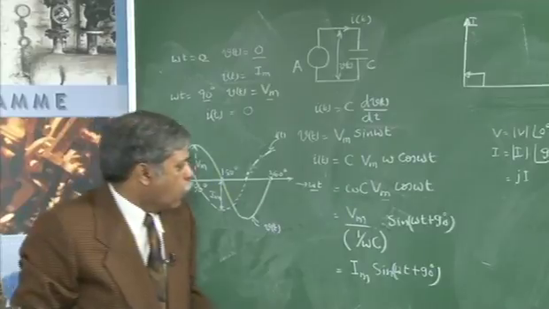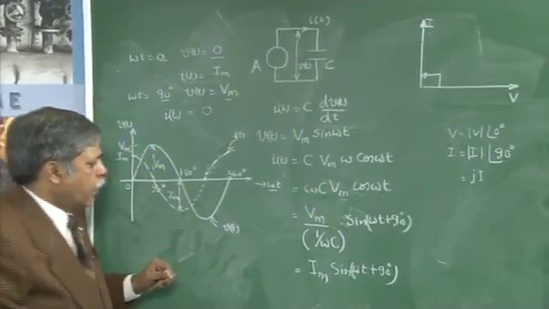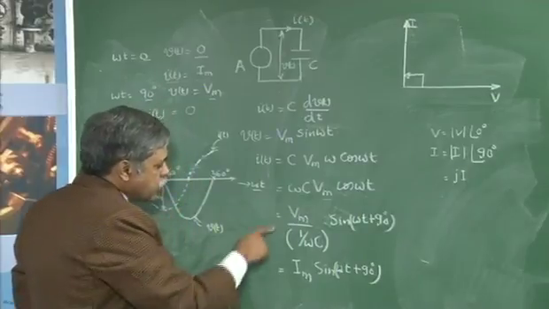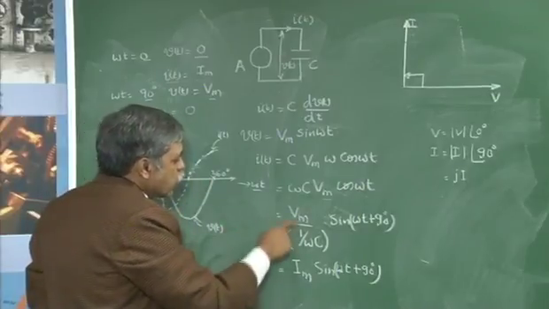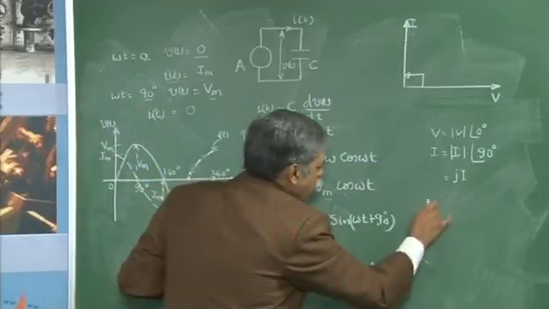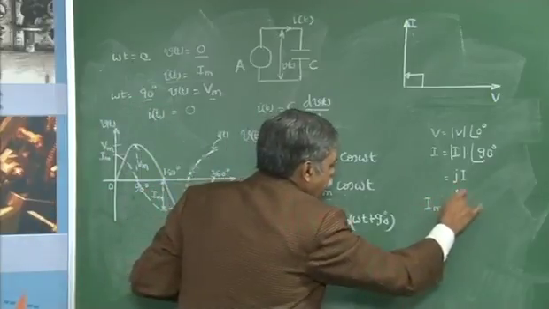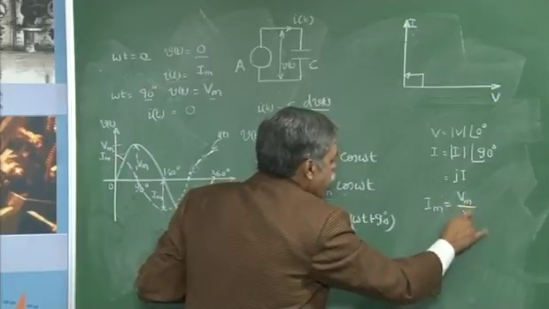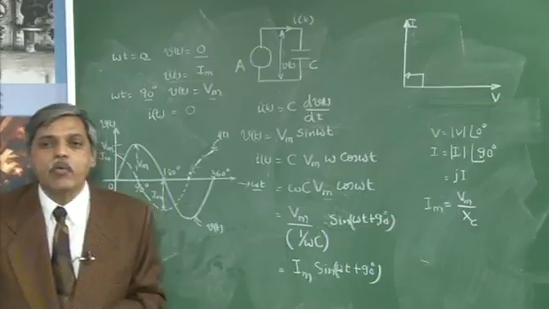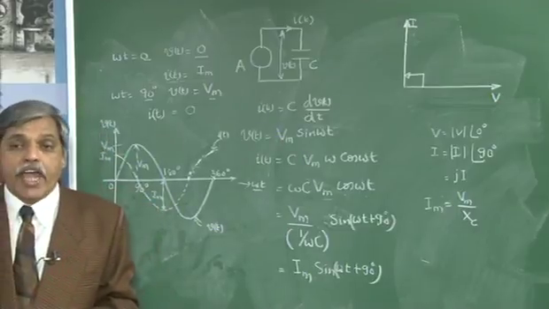Now I will come to the term I am using here, 1 over omega c. Since I have written Im equals Vm divided by 1 over omega c, I can also write this as Im equals Vm divided by Xc, where Xc we call the capacitive reactance.